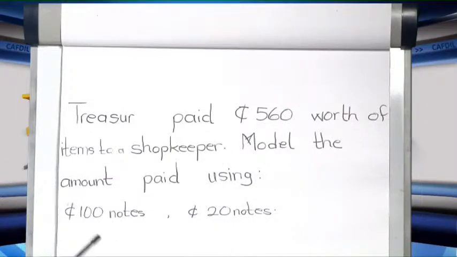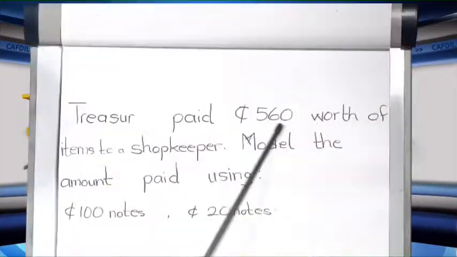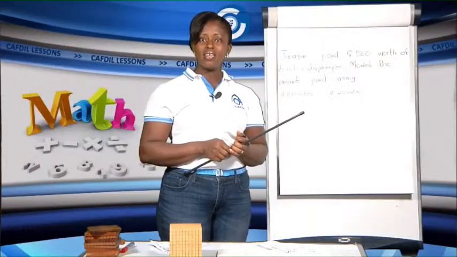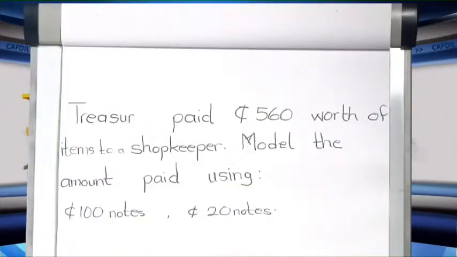Look at the amount here, 500 and then 60 cedis. How many of the 100 cedis notes will you give to the shopkeeper? And then how many of the 20 cedis notes will you add?